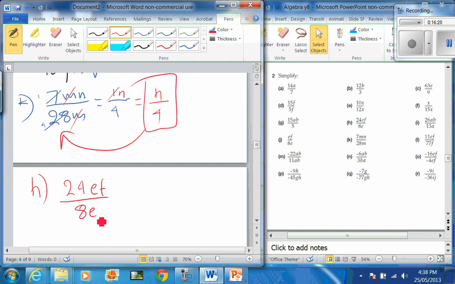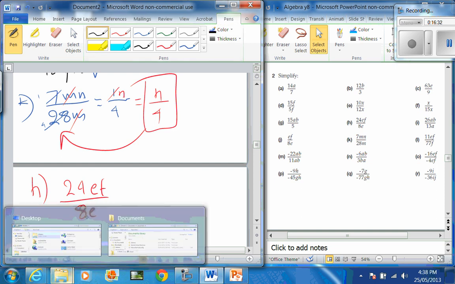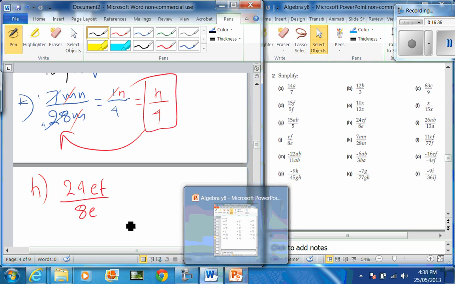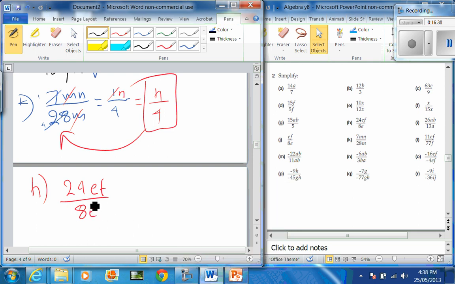Again, the same thing. How many 8s are in 24? I know the trick. 3. So 3 over 1. What happens with the E? Can I cancel it? Of course I can.